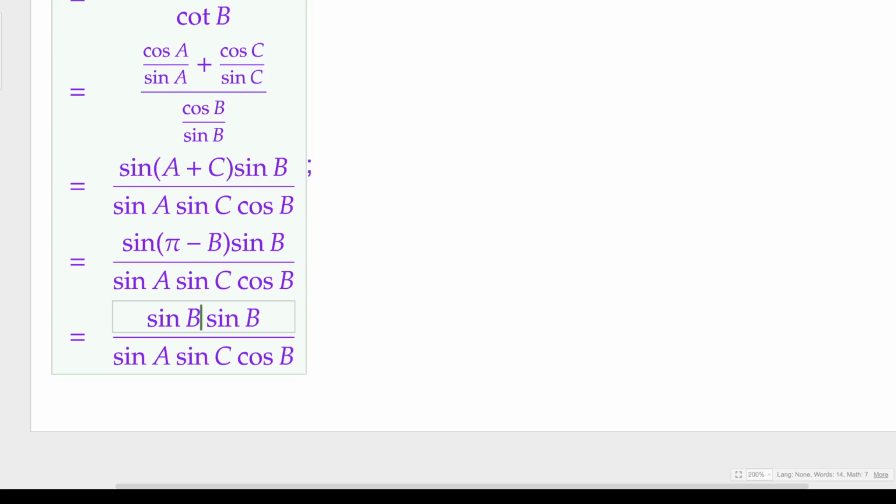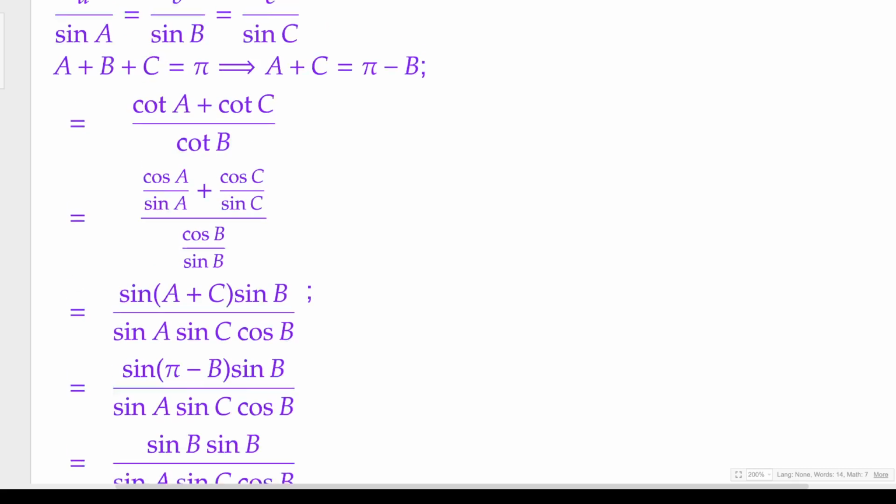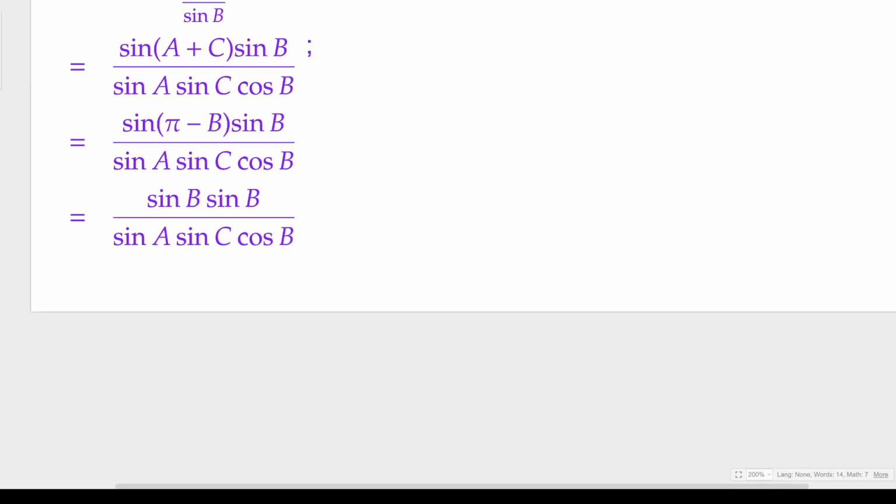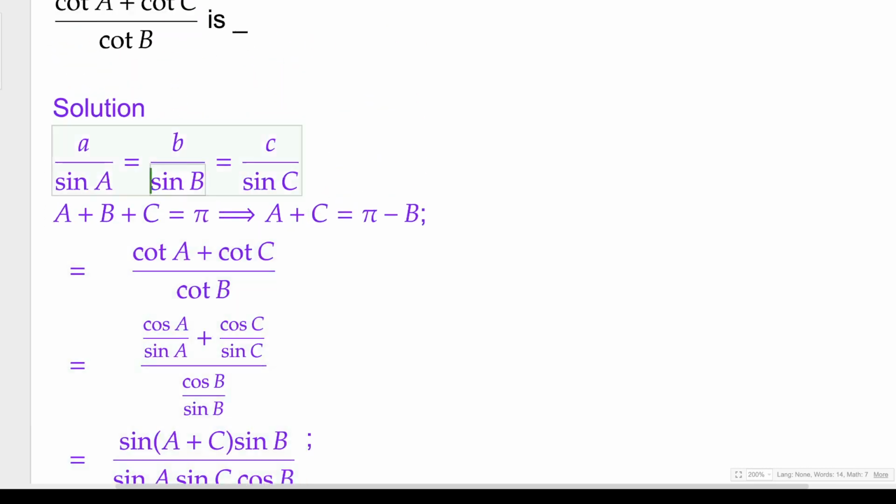So this is sine squared B. Now I can just plug in the values. If you observe these ratios, sine B over sine A can be written as b over a.